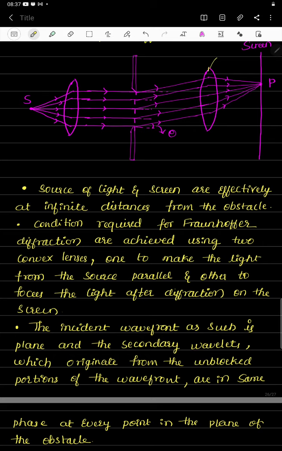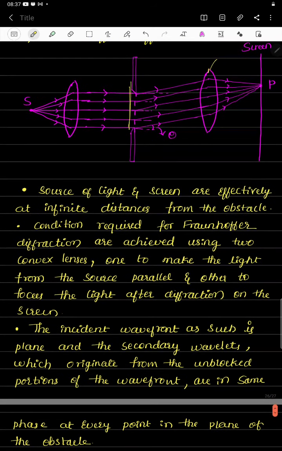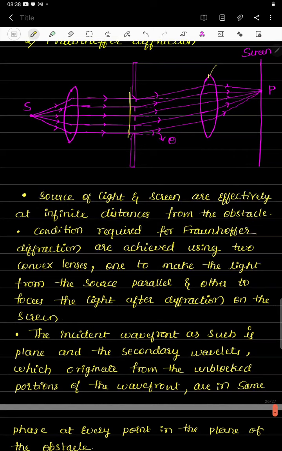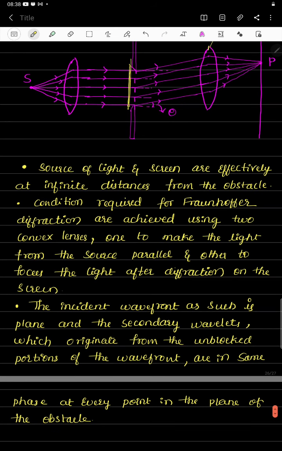So here the incident wavefront on the obstacle, the slit being the obstacle, is plane. So here this is the plane wavefront that is incident on the obstacle. So next are the secondary wavelets which originate from the unblocked portion. This is the unblocked portion, meaning the opening, and from this we get the secondary wavelets.